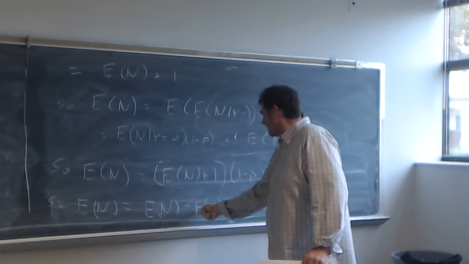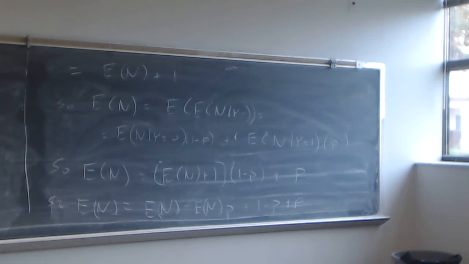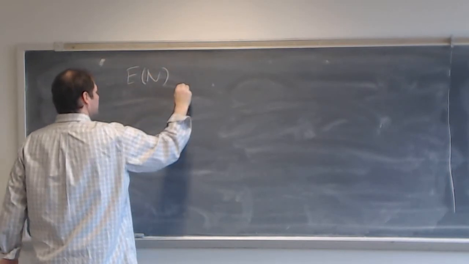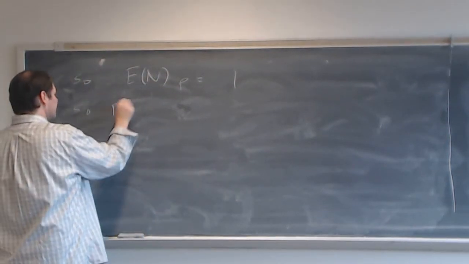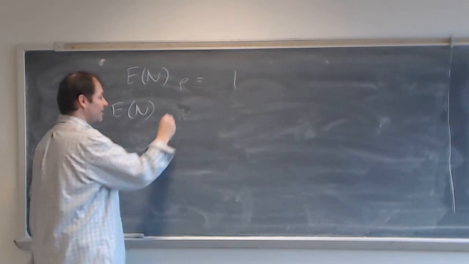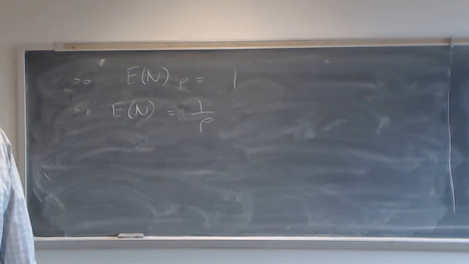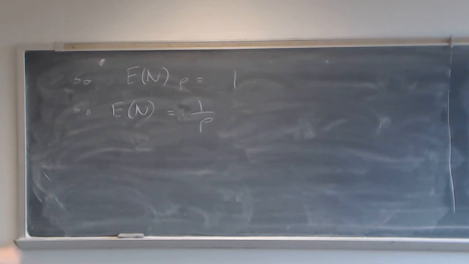When I move this over here, I get the expected value of n times p equal to 1. And so the expected value of n, a geometric random variable, is equal to 1 over p. And that is indeed what the expected value of a geometric random variable is: 1 over the probability of success. That's great.